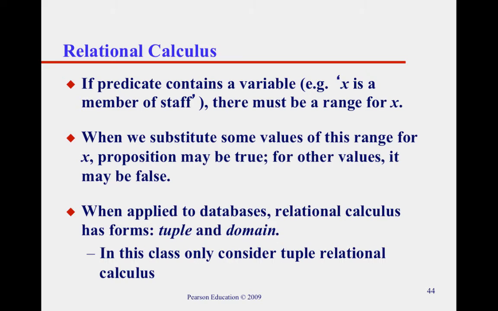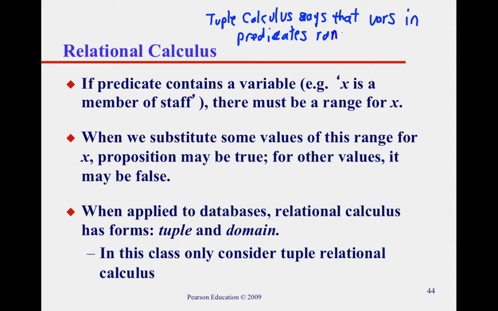And what that means is the tuple calculus says that the range is over the set of tuples in a relation. So the tuple calculus says that variables in predicates range over the tuples in a relation.